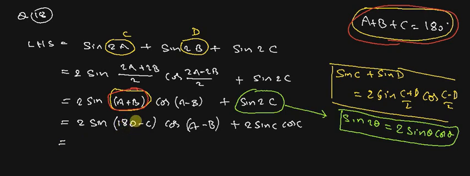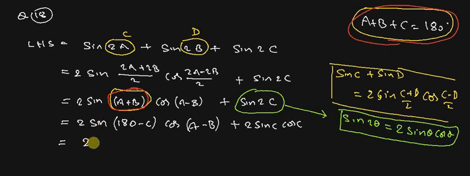Sine of 180 minus theta: 180 minus theta is in the second quadrant. In the second quadrant sine is positive, according to the rule all silver teacups, and if the angle is 180, there is no change in the trigonometric function sine.